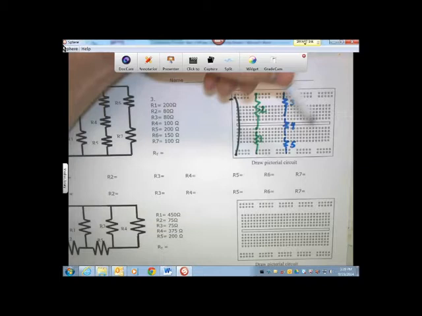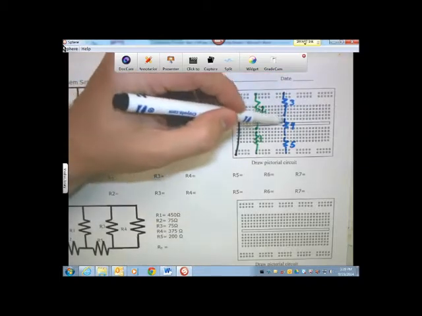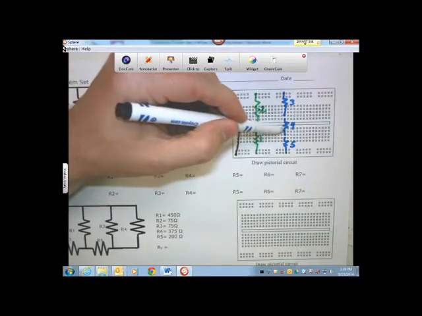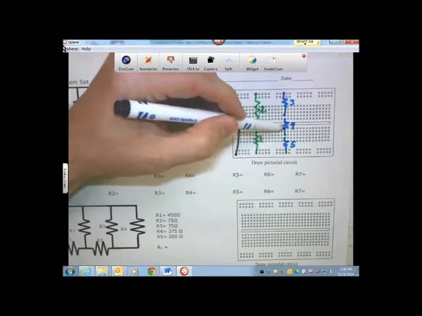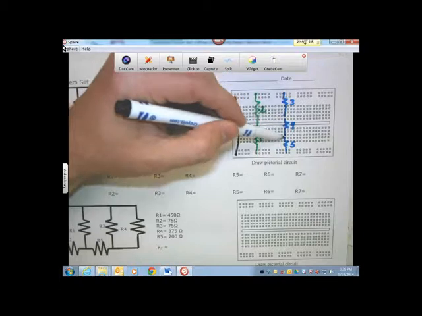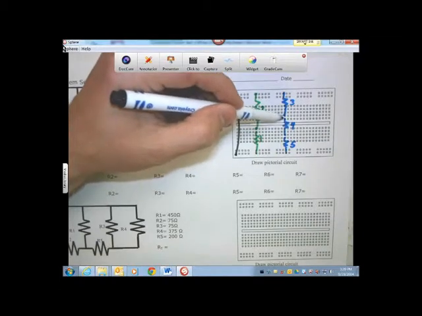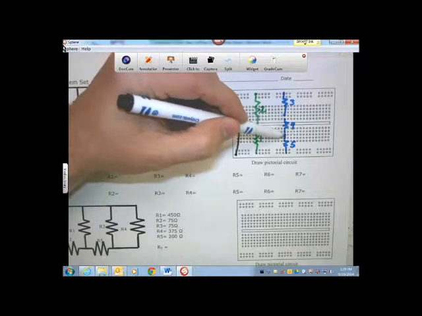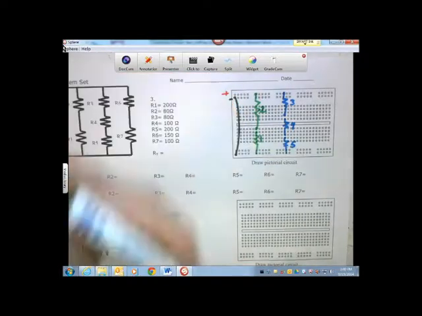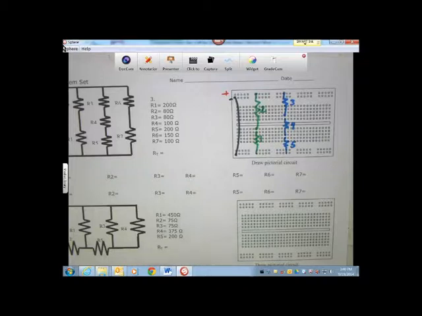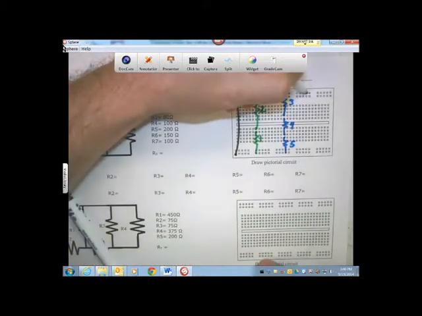R5. Remember, you cannot run R4 on a single column on the breadboard because they're all connected. If you wanted to run it on one side of the board or the other instead of bridging the gap, you'd have to run it diagonal slightly and step over a column before you go down to 5. And then I have R6 and 7 the same way as R1 and 2.